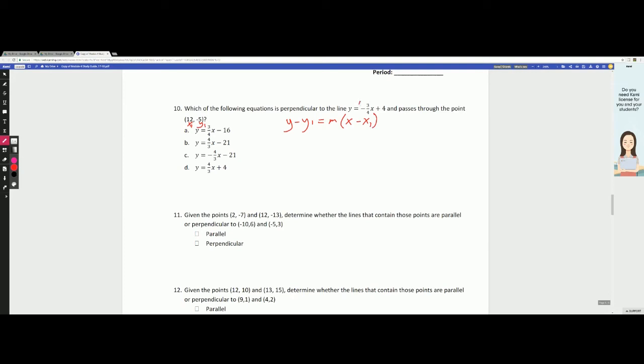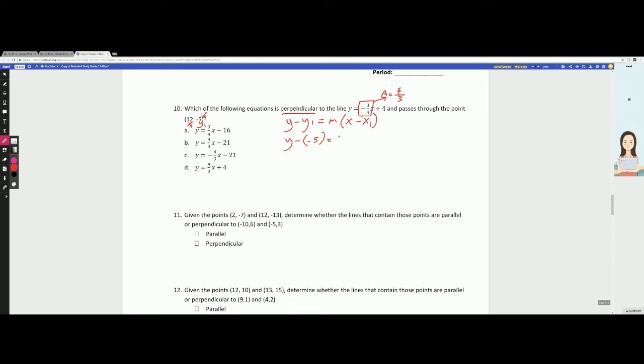Now, they want us to be perpendicular to this guy. That means we have to use the opposite reciprocal, which means that we flip and negate. Negative of a negative is a positive, therefore our slope has to be 4/3 because they want it to be perpendicular. Okay, so y minus which y? The one they gave us, -5, right? From over here.